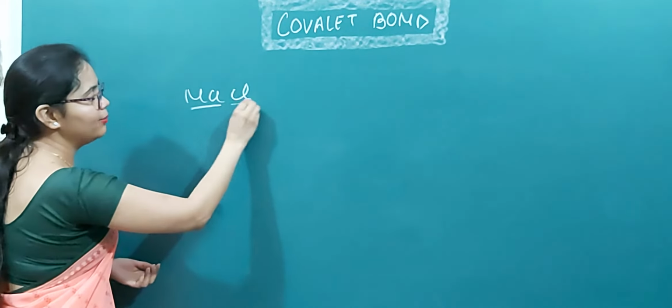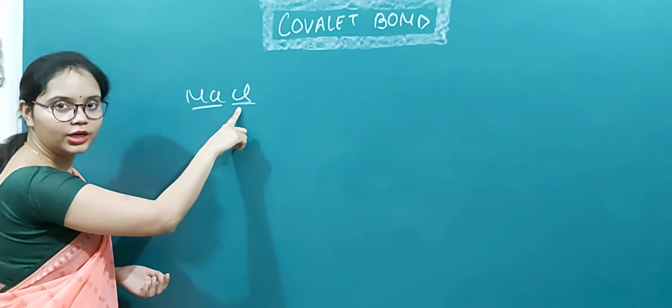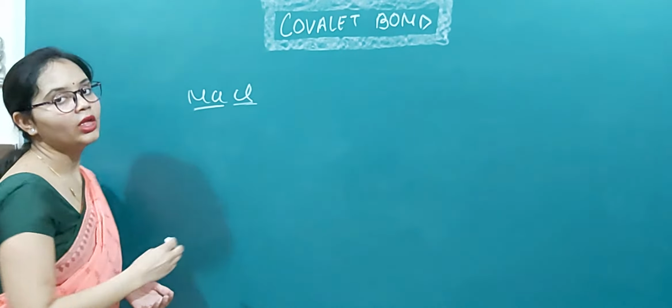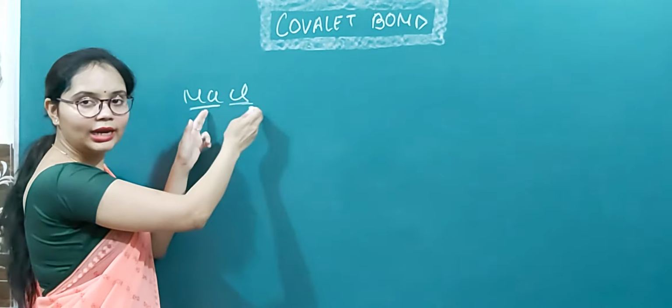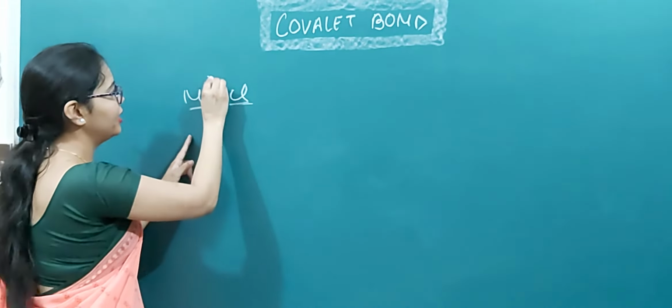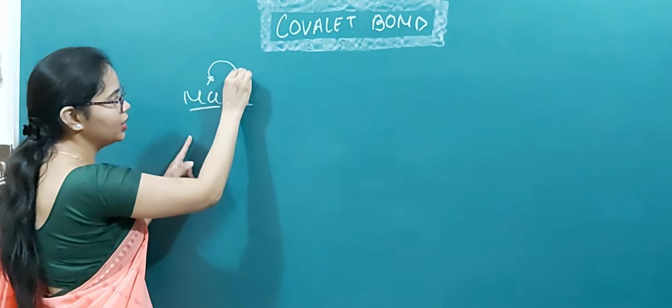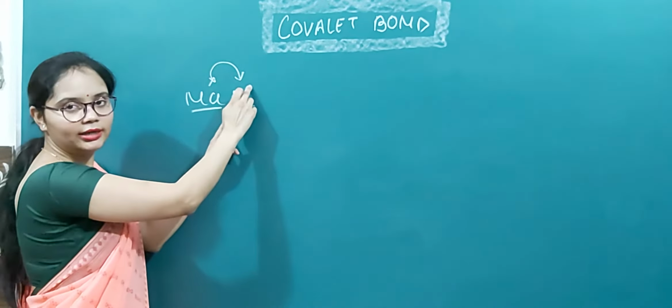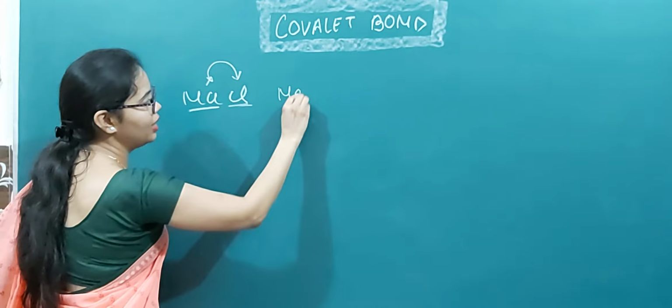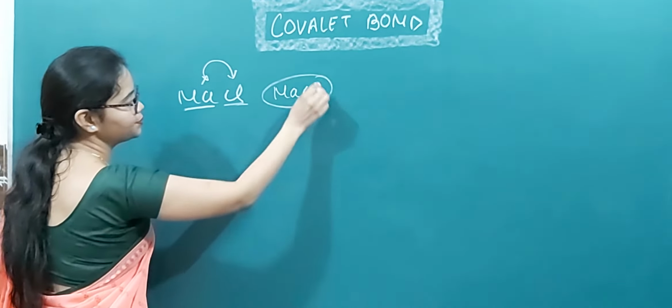And chlorine belongs to the 17 group in the periodic table, so definitely it will have the higher electronegativity. So because of this electronegativity difference, sodium can transfer its electron to chlorine, and being a more electronegative element, chlorine will accept that electron. Okay, and they will form an ionic compound, NaCl.